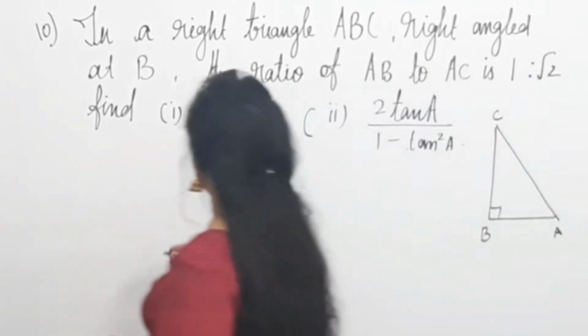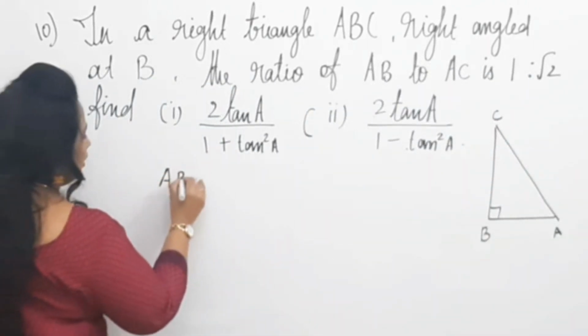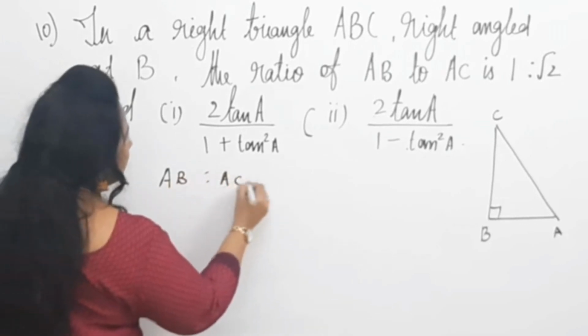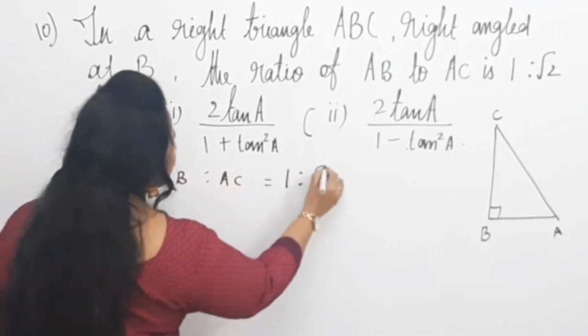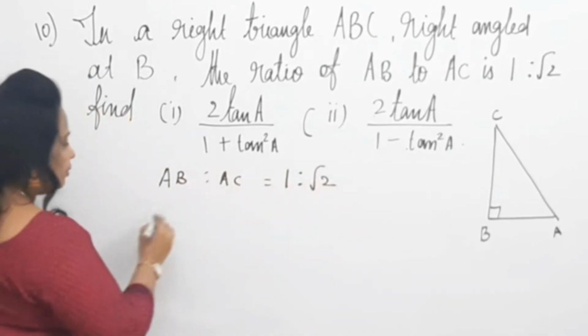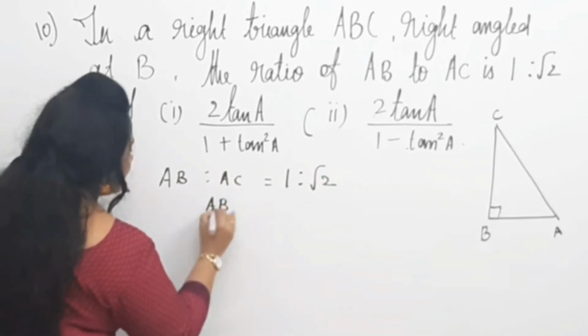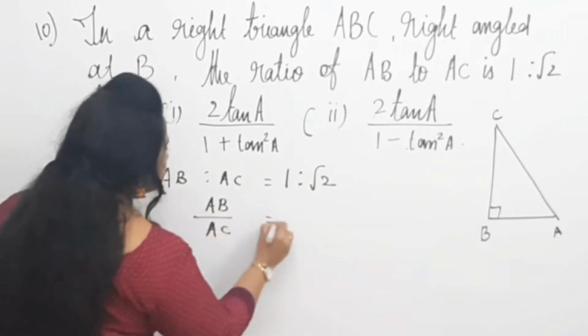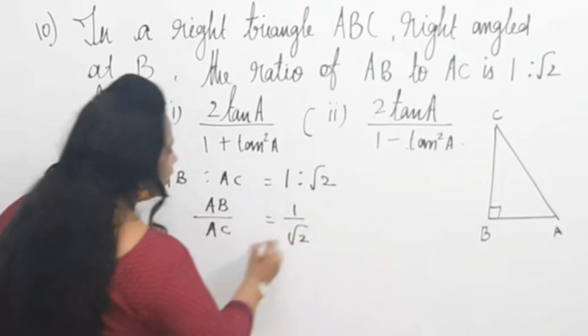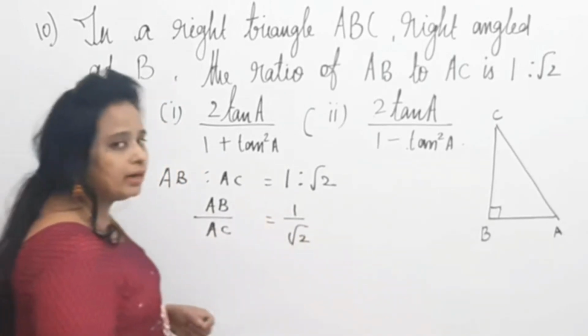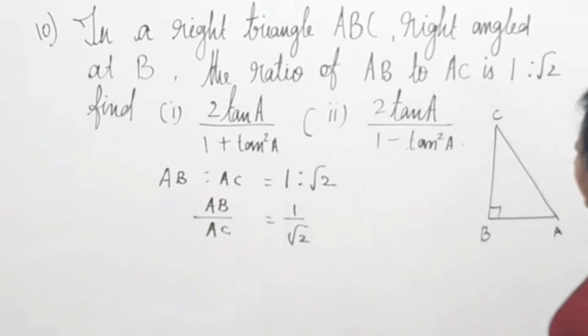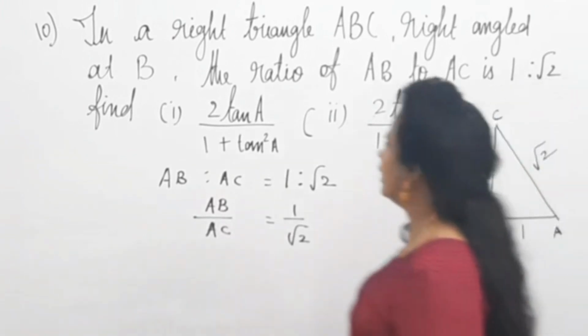That means what I can understand, AB is to AC is equal to 1:2. So that means, can I write this as AB by AC is equal to 1/2? Ratio is nothing but a fraction. So AB is 1 and AC is √2. As simple as that. The understanding.